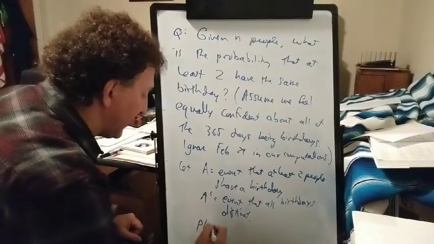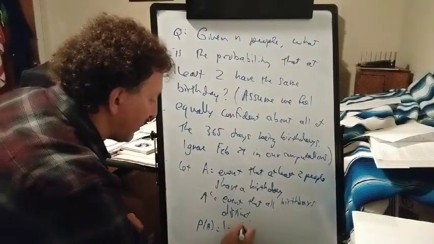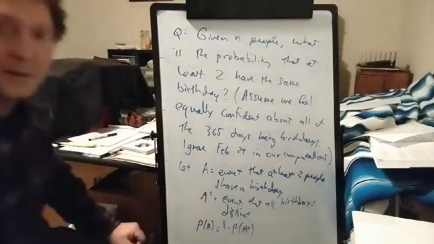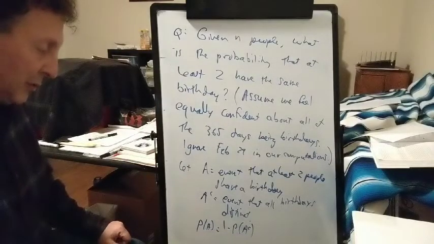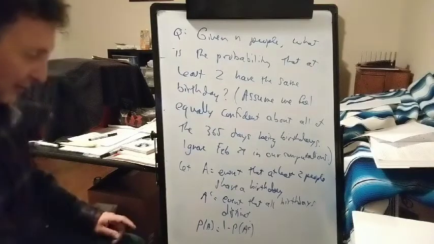The probability of A is 1 minus the probability of A complement. The probability of A complement is a little easier to compute directly, so we'll do that and subtract it from 1.